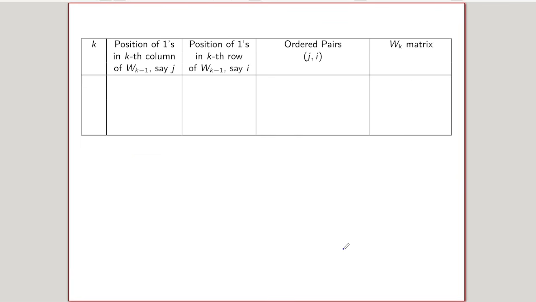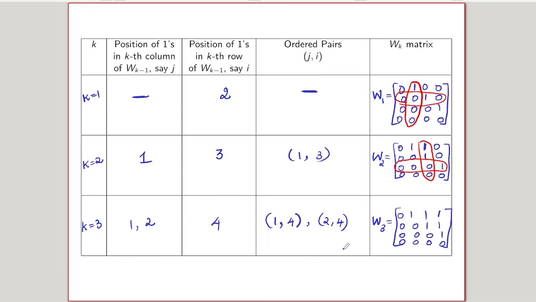Next step, we are going to take k equal to 4. We have to see fourth column in W3 matrix. So fourth column will be this one. Clearly in fourth column, at the places 1, 2, 3, we are having 1.